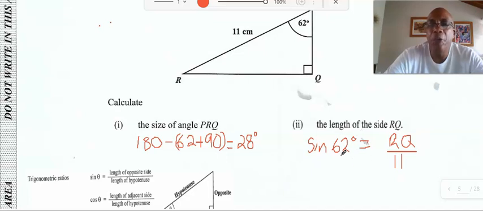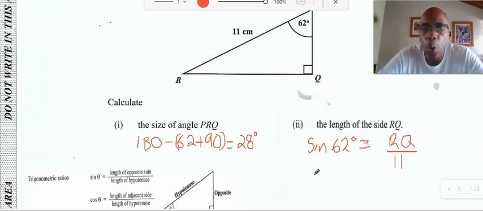So now we have to rearrange that equation to have RQ alone on one side. To get RQ alone, you simply multiply both sides by 11. When you multiply the right side by 11, we get RQ because the 11 will just cancel out.